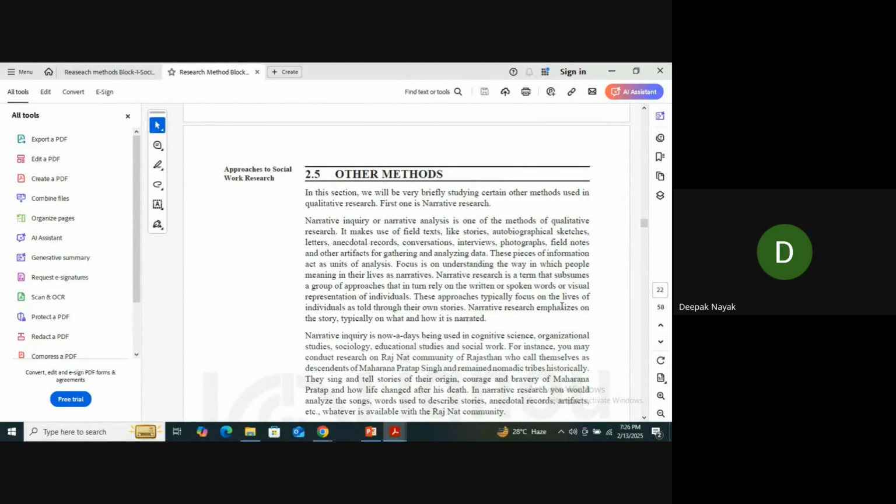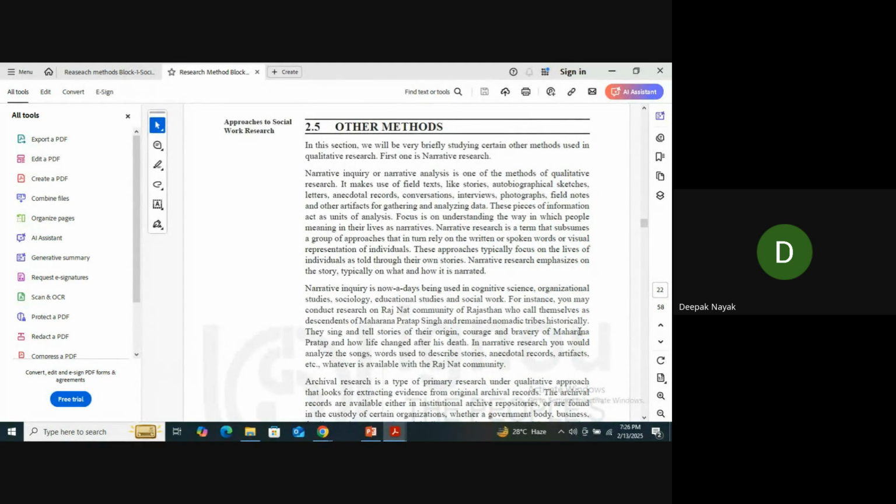Another very important aspect of qualitative research is narration, creating narratives. Sometimes people in the community, or people among the subject of your study, have different kinds of narration. Sometimes you have to capture some narratives given by the people.